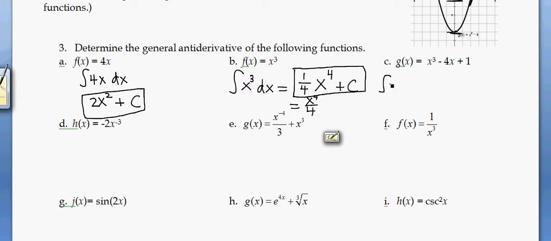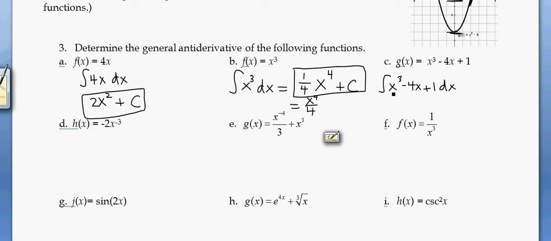If I'm finding the integral of x cubed minus 4x plus 1 dx, we already found the antiderivative of x cubed. And notice that since we're taking antiderivatives, it's going to behave similar to derivatives in the sense that if I have a subtraction or a plus sign here, I can still just treat each term individually.